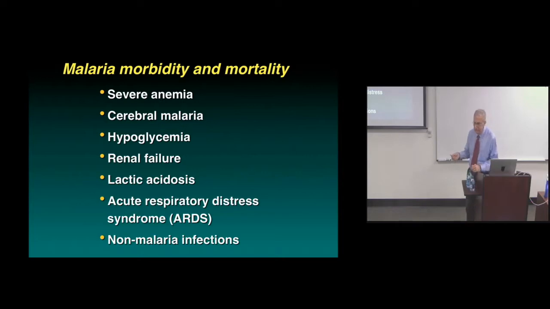In these children and some of these adults, their hemoglobin, instead of being 12 or 13, is maybe 5 or 4 or 3. They are severely anemic. And that's part of the definition of severe anemia. The hemoglobin has to be less than 5. Some of the people die simply from anemia. They can't get enough oxygen to their tissues, so it's a serious problem.